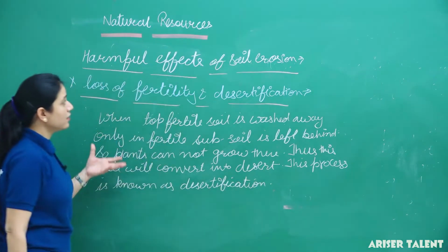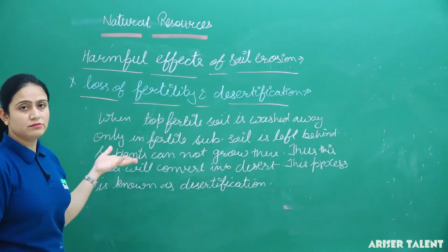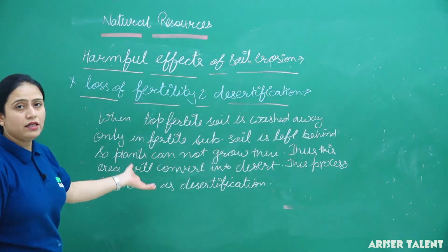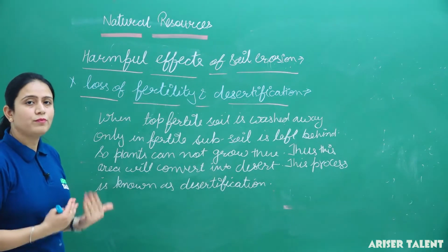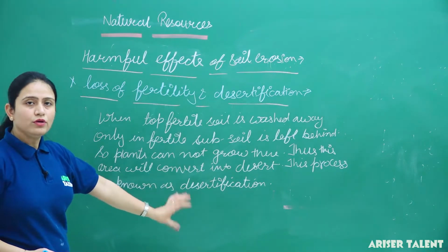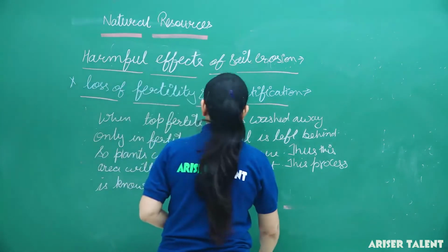So what is the harmful effect of soil erosion? All the humus, minerals and water will get washed away with the top fertile soil, and only the infertile subsoil will be left behind and we cannot grow plants there. Thus the area will convert into desert, and this is known as desertification.